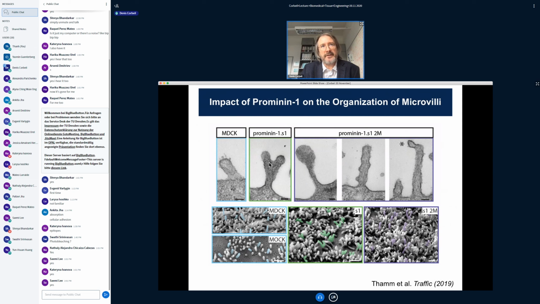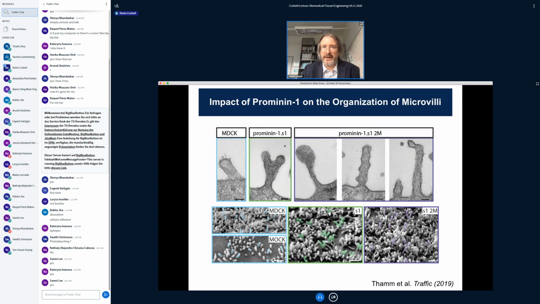You can see that the microvilli shape completely changed. We have a V shape. It's not only one microvillus: by scanning EM, you can see many microvilli making a double structure, which is quite unusual.